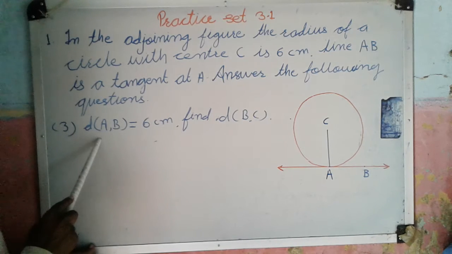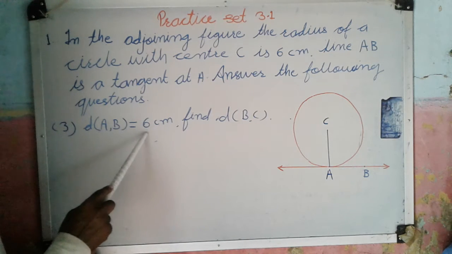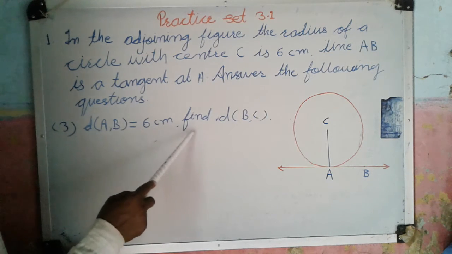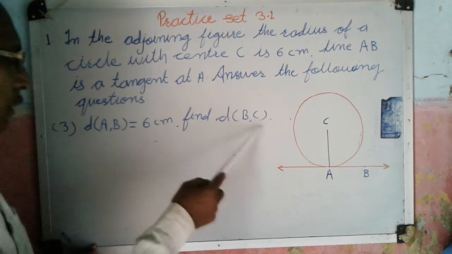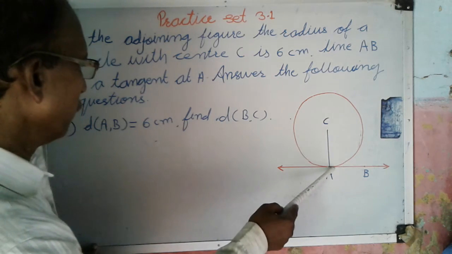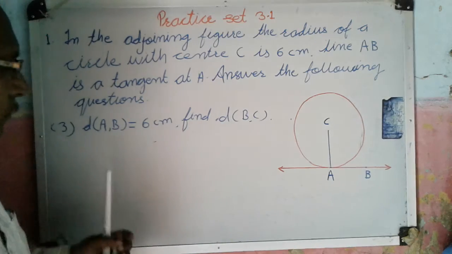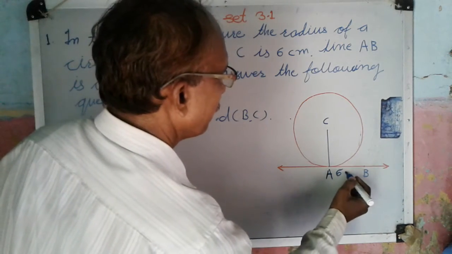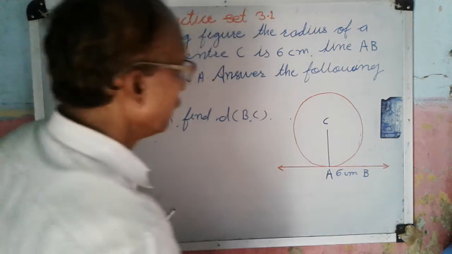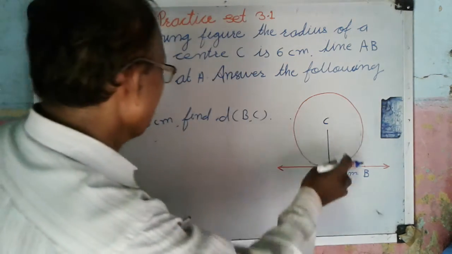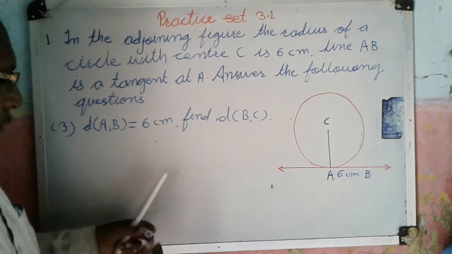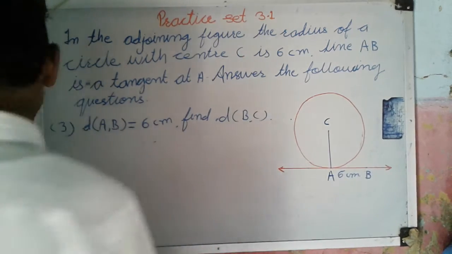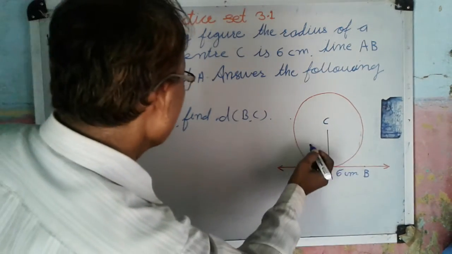Now question number 3. Distance of AB is equal to 6 centimeter. Find distance of BC. So this distance AB is given 6 centimeter. We have to find distance BC. And radius is given 6 centimeter.